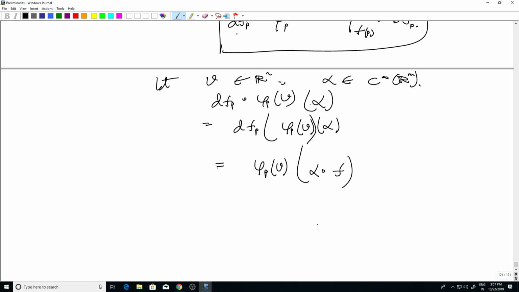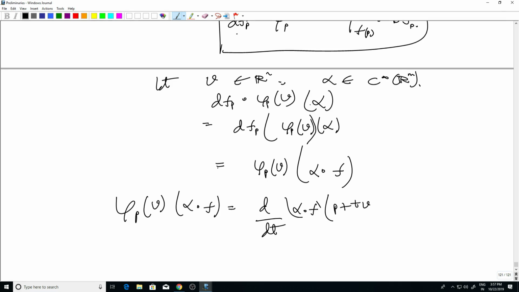So phi_p v acting on alpha composed with f is just d by dt of alpha composed with f at p plus tv at t equals 0. And I also know that this is the same as the classical derivative of alpha composed with f at the point p, acting on v.